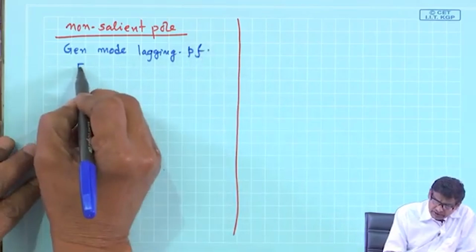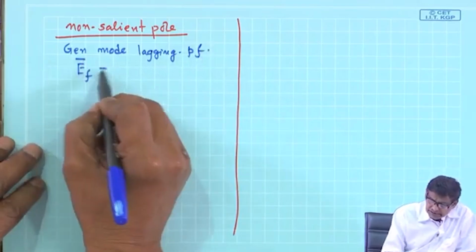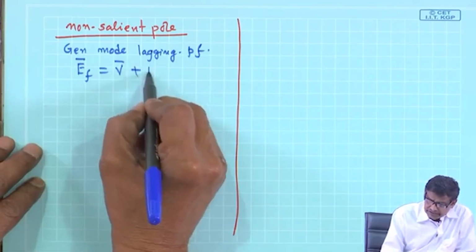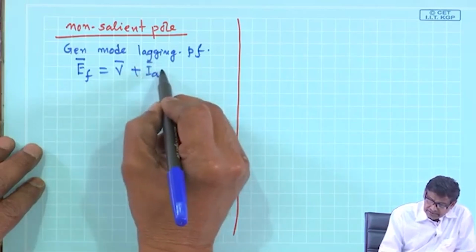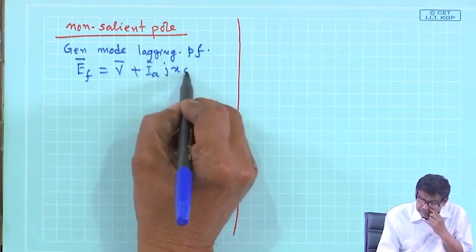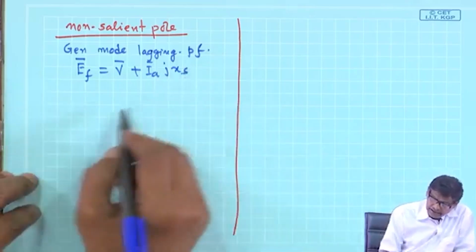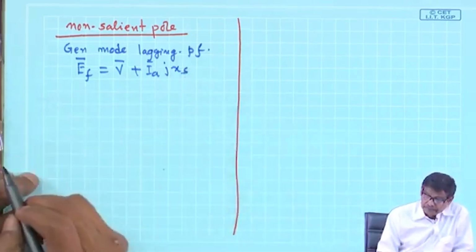The equation I will be using is EF equal to V plus I_A (R_A + jX_S) in generator mode, and we know how to draw it.